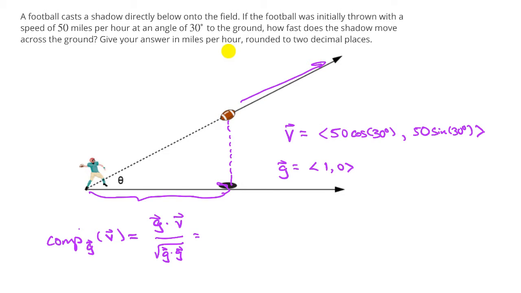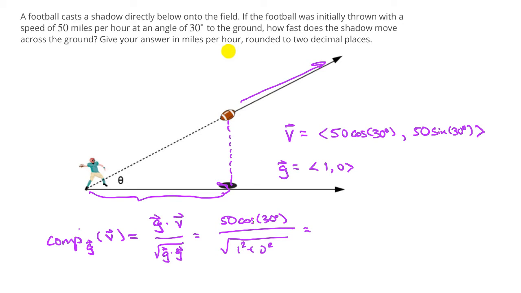The horizontal component is 50 cosine of theta times 1, plus 0 times the sine of 30 degrees. Our angle was 30 degrees. For the square root of g dot g, we have the square root of 1 squared plus 0 squared, so we just have 1.